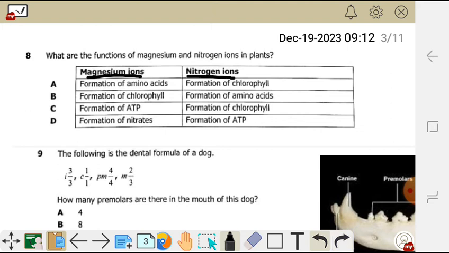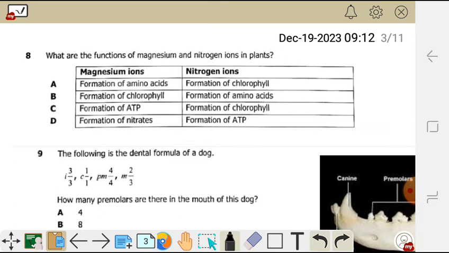So A reads, for magnesium, formation of amino acid, and for nitrogen, formation of chlorophyll. B, formation of chlorophyll and formation of amino acid. Then formation of ATP and formation of chlorophyll, formation of nitrates and formation of ATP.